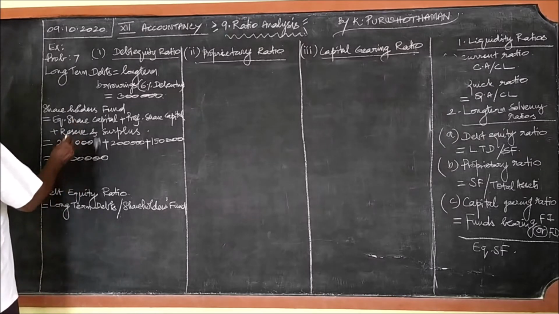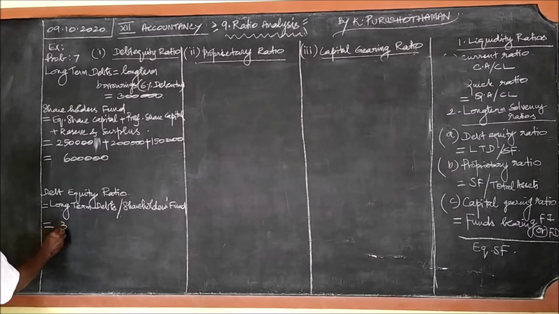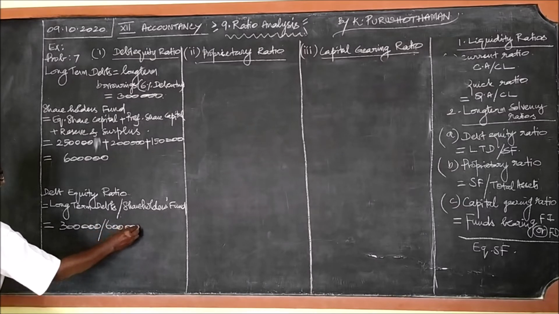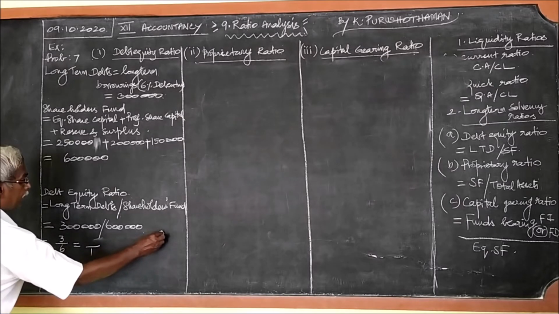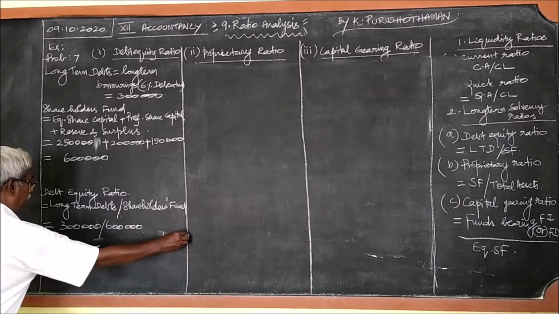Now we have found out the answer for both numerator and the denominator. Numerator 3 lakhs. Denominator 6 lakhs. So this is equal to 3 by 6. For 6, what we should write? 1. Then you divide 3 by 6. You simplify, 1 by 2. If you divide, this is 0.5.